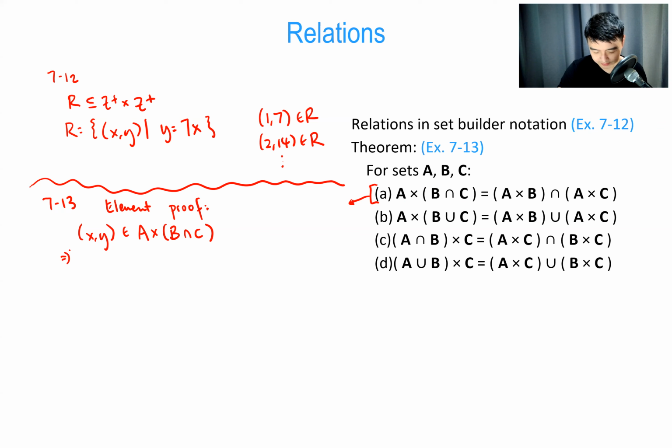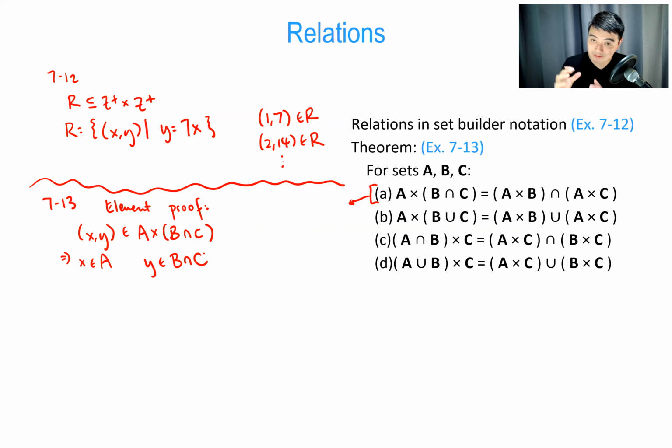So first, let's start with, if the element xy is in A cross B intersect C, then surely x must be in A, right? X must be in A, and y must be in B intersect C, right?